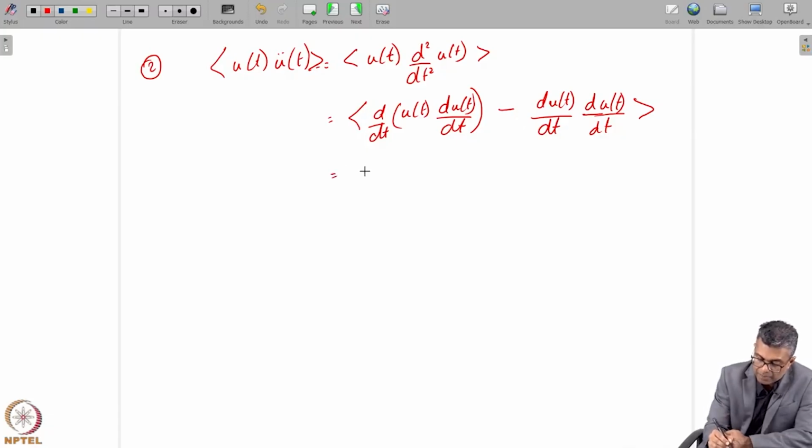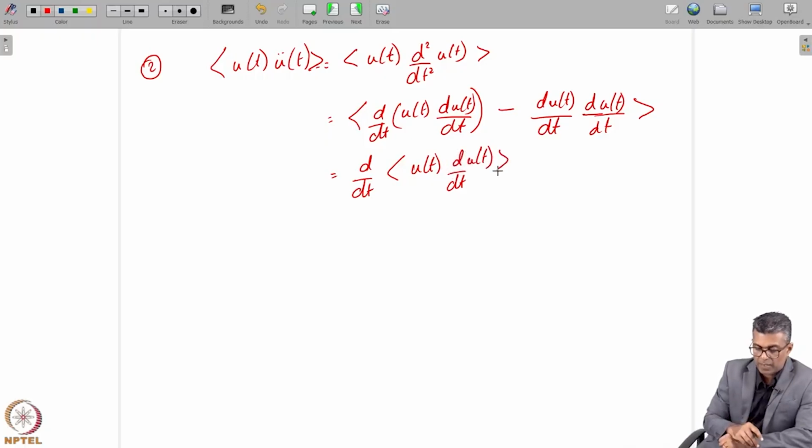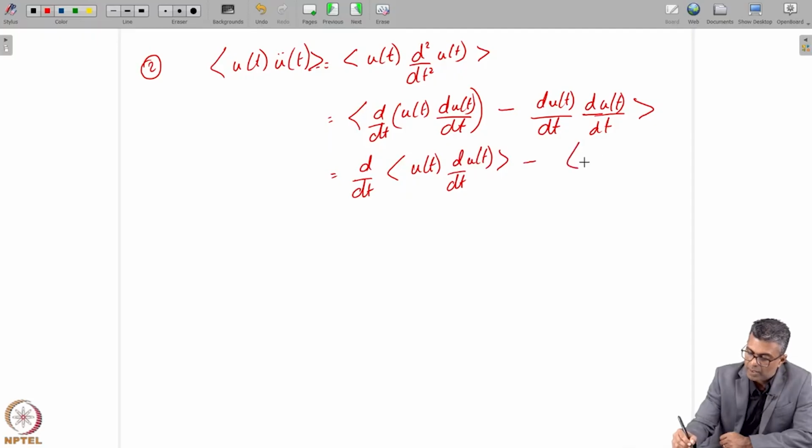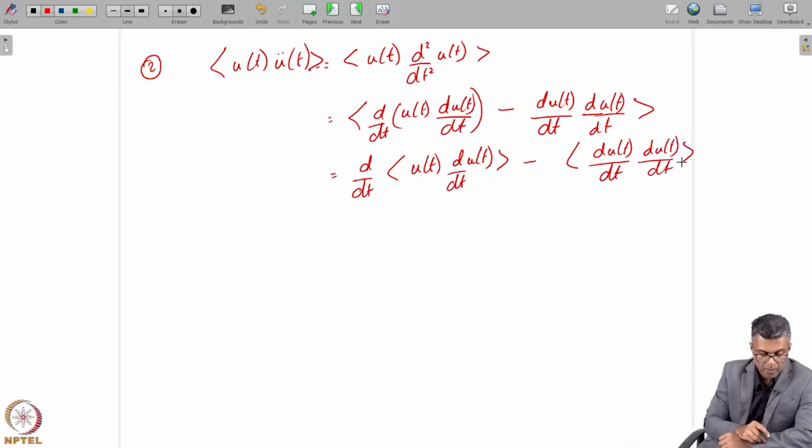This right here, d/dt, I can commute the differential operator, and then what I have is u(t) du/dt, d/dt of u(t). That's your first term. Minus du/dt and du/dt.